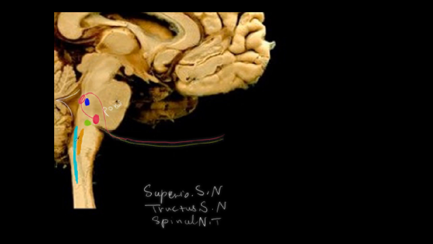Also, fibers from the tractus solitarius and the spinal nucleus come along. So all of this creates one bundle called the nervus intermedius.